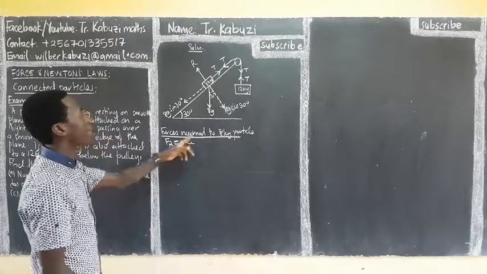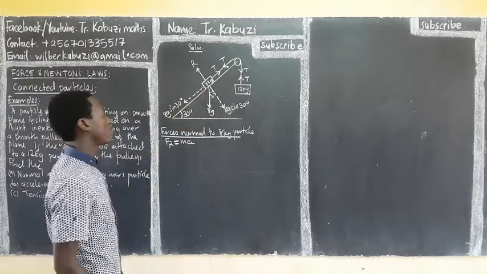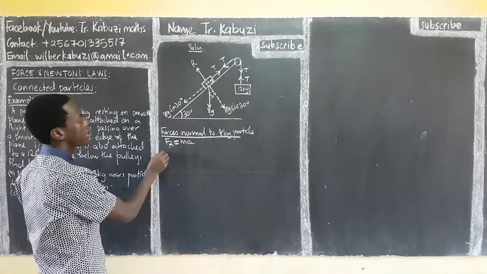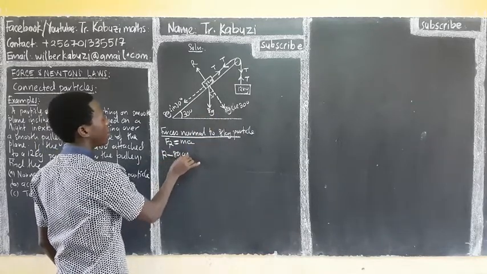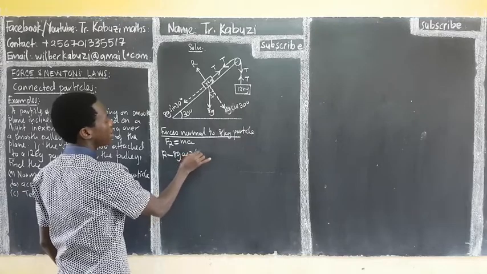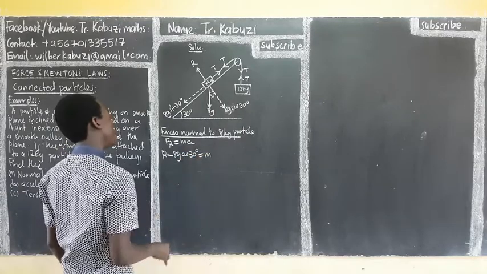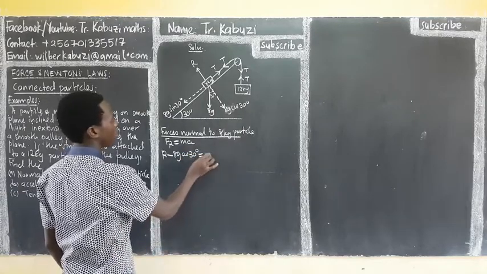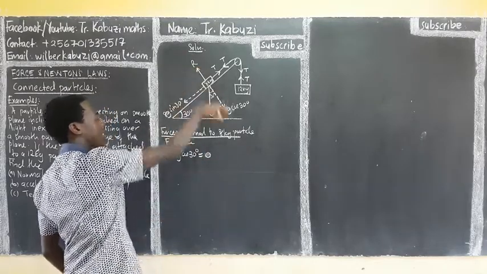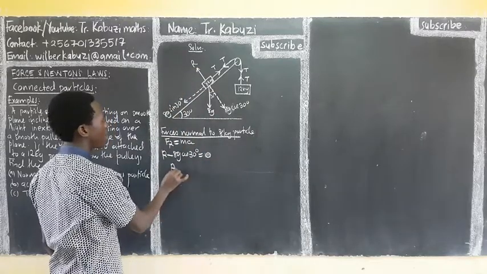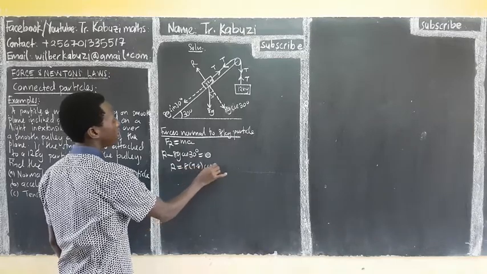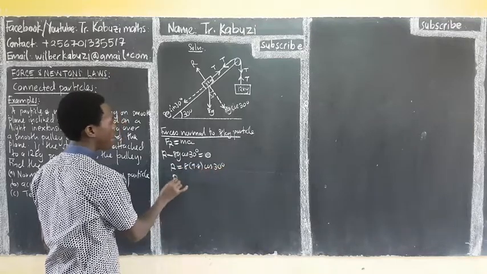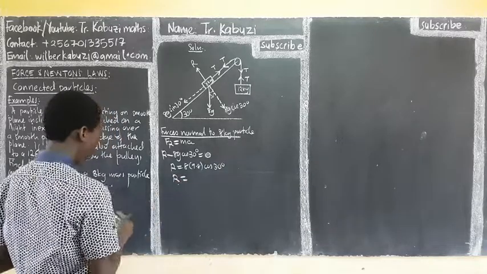So the acceleration perpendicular to the plane is 0. So R minus 8g cos 30 degrees is equal to 0. Because there's no acceleration this side, R will be 8 into 9.8 cos 30 degrees.